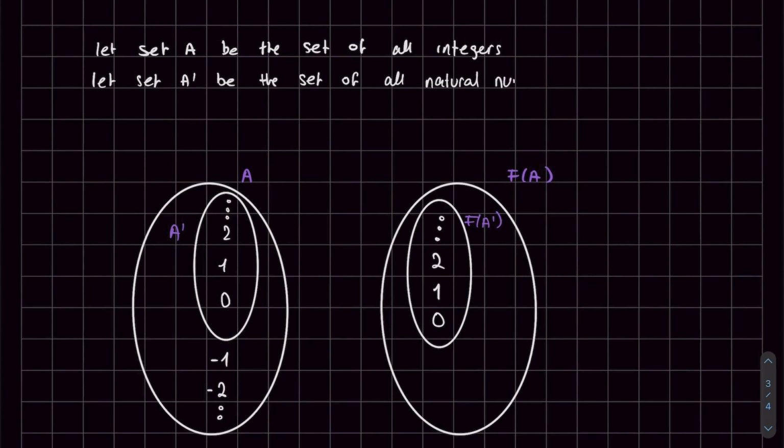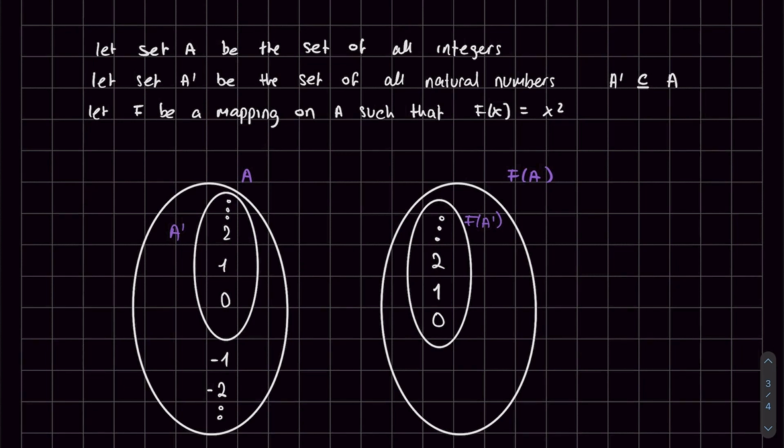So that means that A prime is a subset of A. And now we're going to define a mapping. So let f be a mapping on A such that f of x equals x squared. So basically f takes every element in A and squares it.